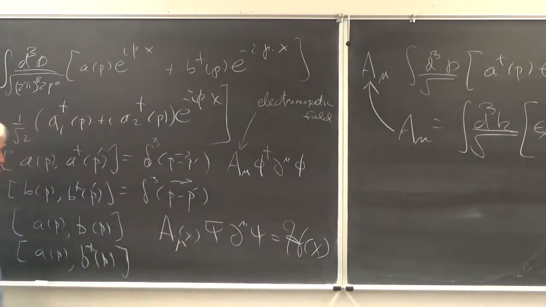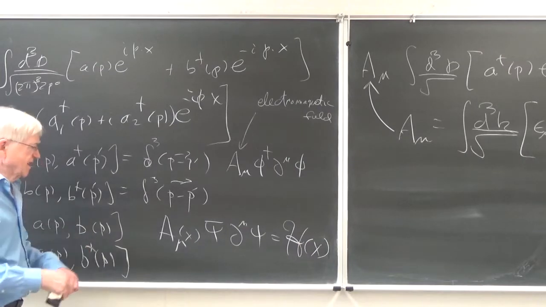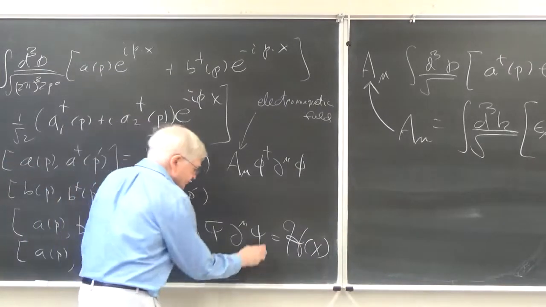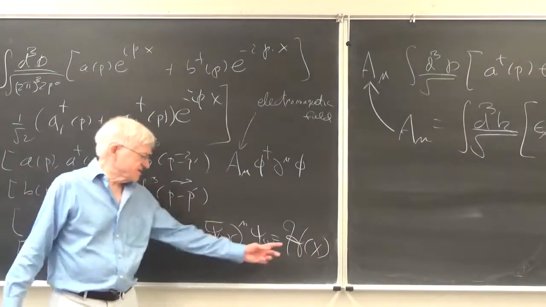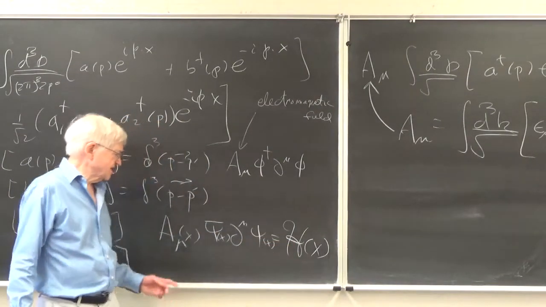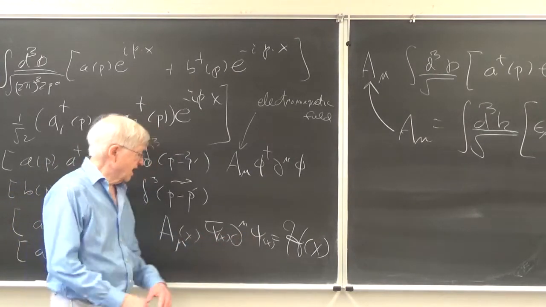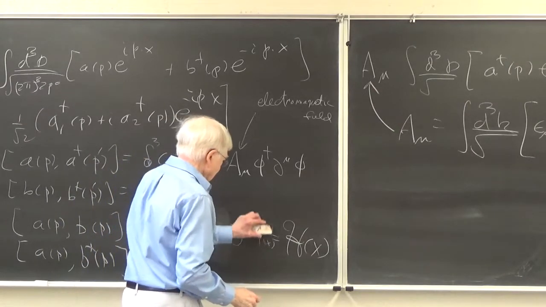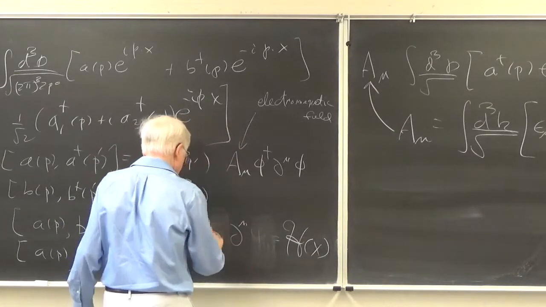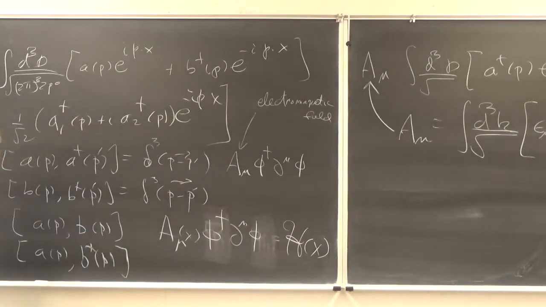The interaction density, in other words part of the interaction Hamiltonian, all of them are at x. So the interaction Hamiltonian density is A mu psi bar d mu psi, or in this case, let me go from Dirac back to what we're doing here, phi dagger d mu phi, where phi is a complex field.